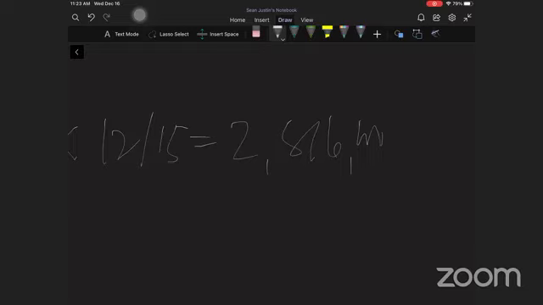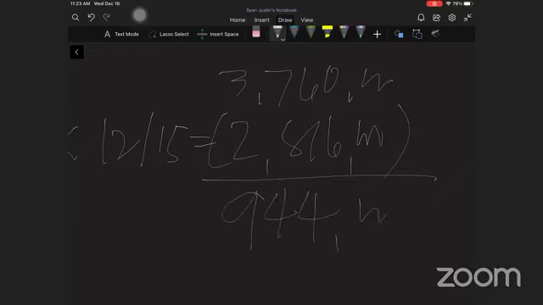The cost is 3,760,000. Therefore, the carrying amount on December 31, 2017 is 944,000. Okay, 944,000.